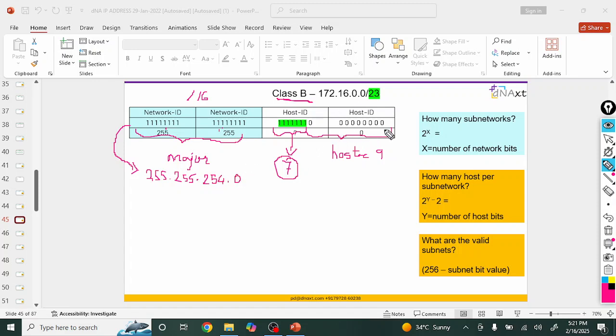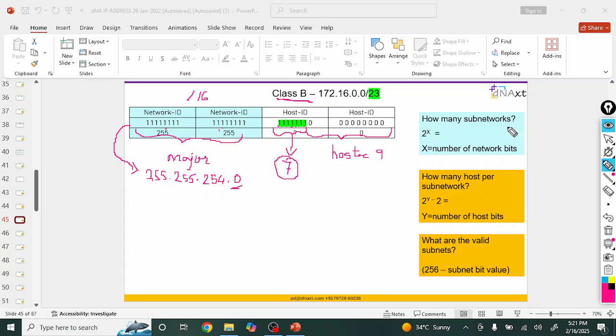Since all the bits are 0 in the fourth octet, the decimal value will become 0. And 254 is 128 plus 64 plus 32 plus 16 plus 8 plus 4 plus 2, which is 254. Okay. So this is your subnet mask in the decimal format.